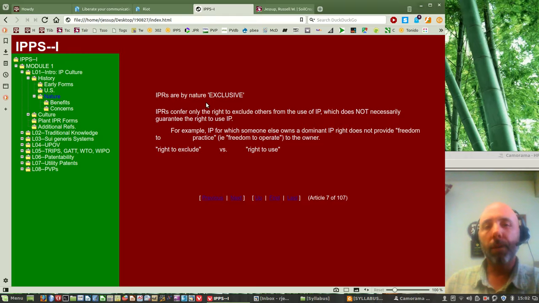So important items and technologies to develop them in regards to what are issued patents. Okay, patents or IPRs are by nature exclusive. They're not necessarily granting you rights; they're excluding others from having those rights. Okay, and they are a right to exclude others from using that technology. Okay, they're not rights to grant to you; they're rights of exclusion to others.